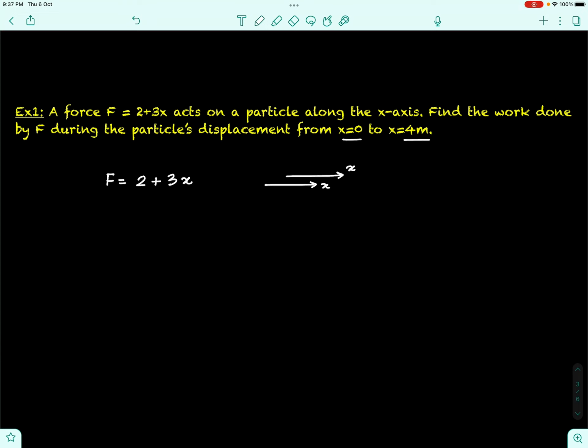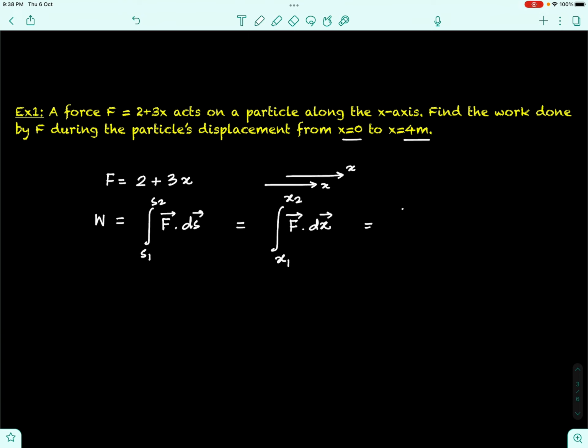So, since the force is variable, we will start with using the most general expression for work, which will be integral of F dot ds from S1 to S2. Since here all the movement is happening along the x direction and the force is also acting along the x direction, we can simplify this to write it as F dx, because the displacement is along the x axis, from the initial position x1 to the final position x2.